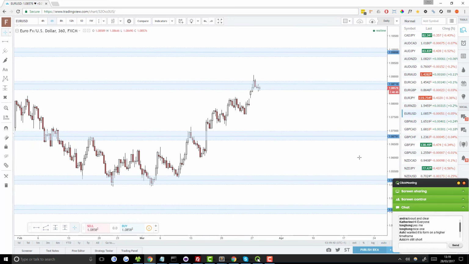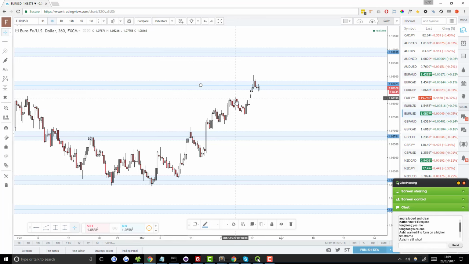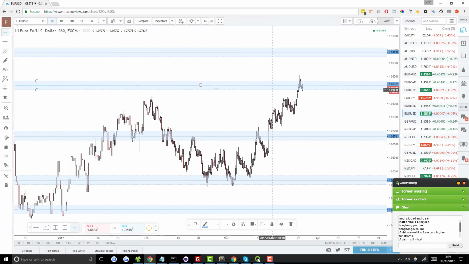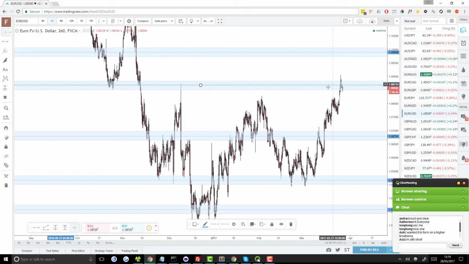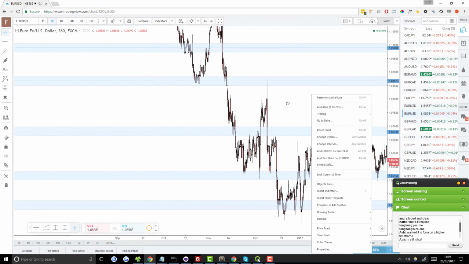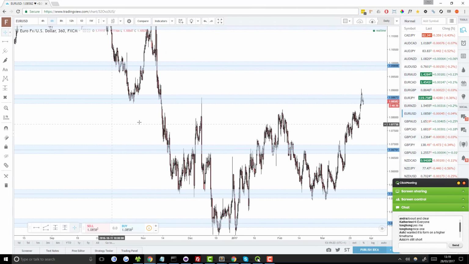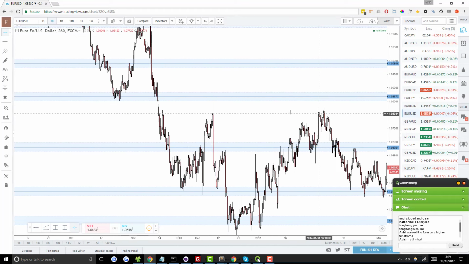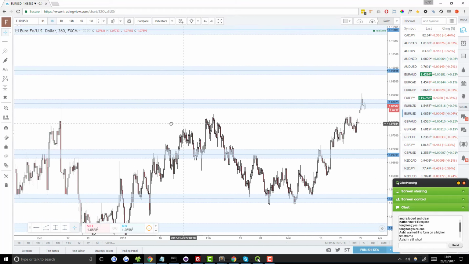EURUSD. Now this one is somewhat interesting. I know some of you guys shorted down here, but I've had my support resistance area up here for a while now, and now it's stalling right on my area of resistance.